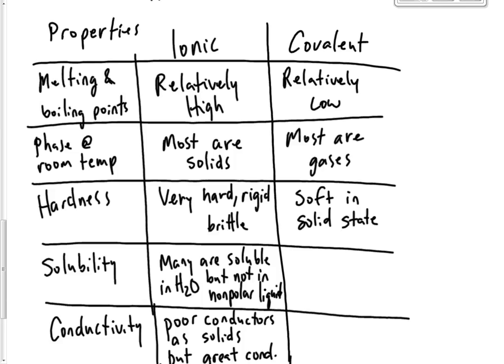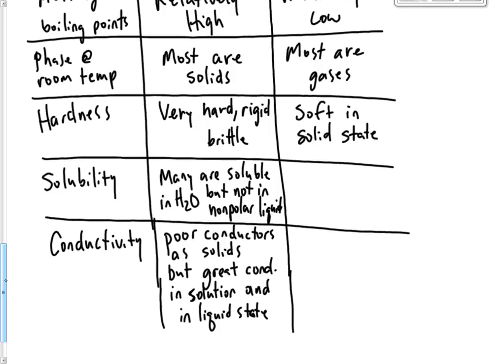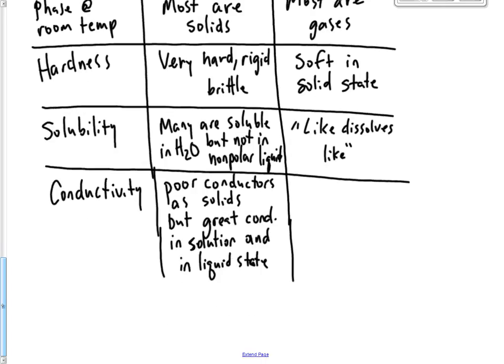Solubility: we're going to go with like dissolves like. Meaning, if it's a polar molecule, it's going to dissolve in polar things. If it's a nonpolar molecule, it's going to dissolve in nonpolar things, nonpolar liquids.